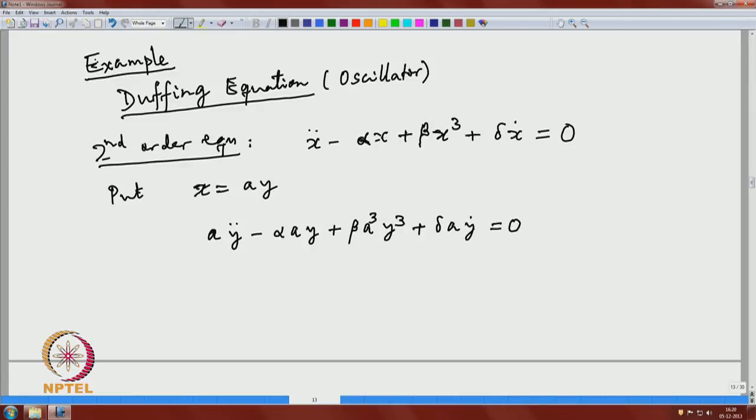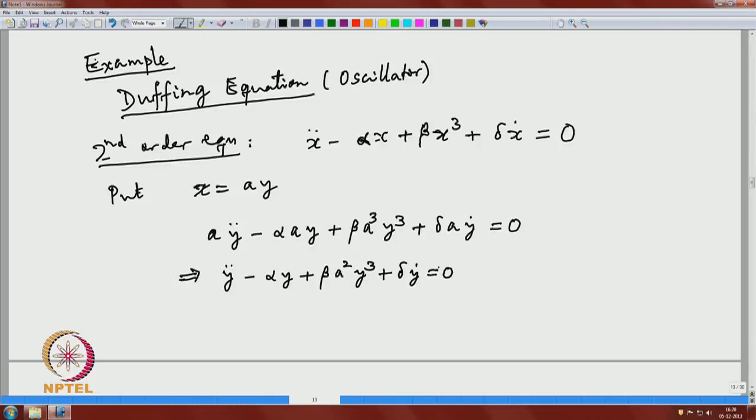So, I am going to divide by a throughout. So, this implies y double dot minus alpha y plus beta a square y cube plus delta y dot. Okay.